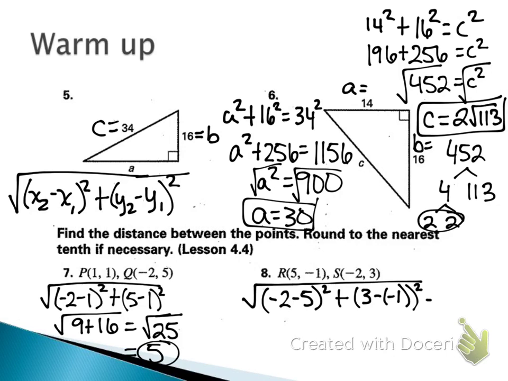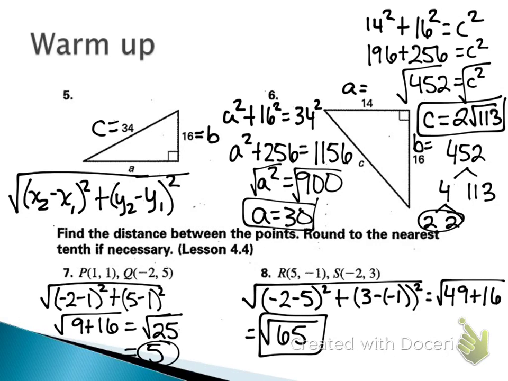What's negative 7 squared? 49. Plus 3 minus negative 1 is 4. What's 4 squared? If I add 49 and 16, what do I get? 65. Is that one going to simplify? No, it breaks down into 5 and 13. Both of those are prime. So we are going to leave it as the square root of 65.